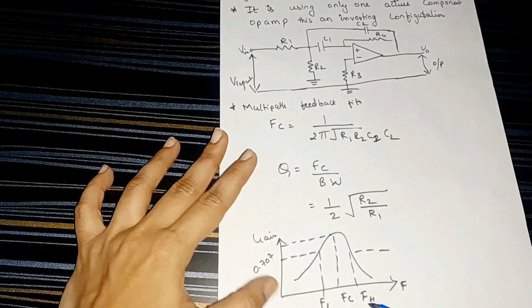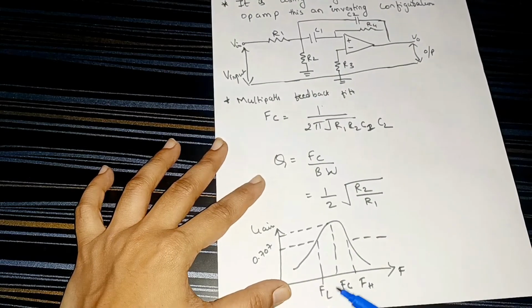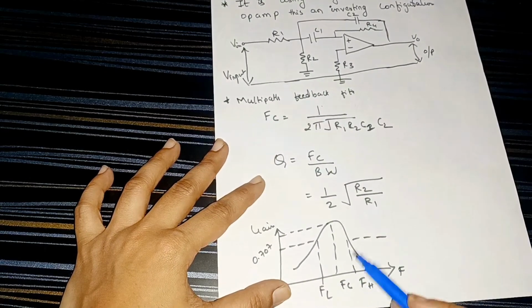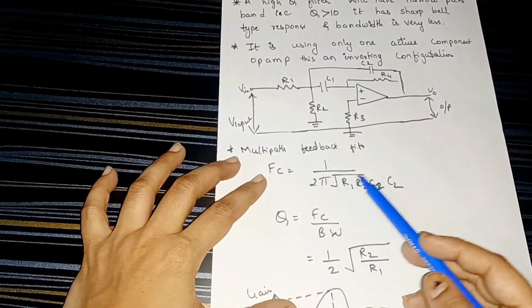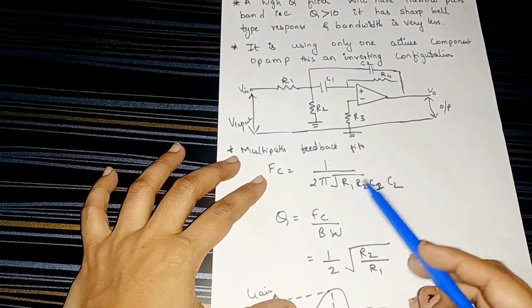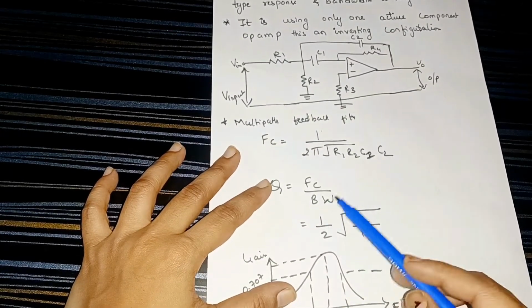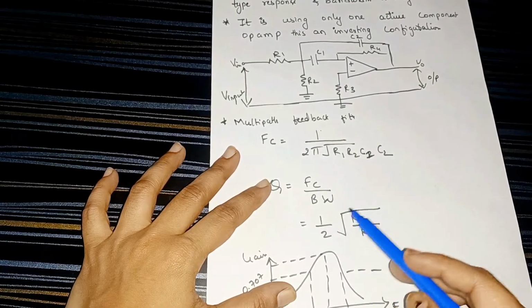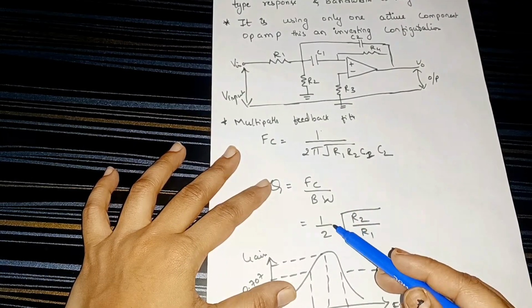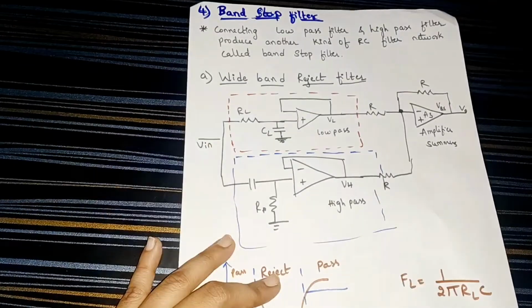So it rejects all the low frequency, and after the high frequency it rejects everything else. The cutoff frequency is nothing but 2 pi root of R1 R2 C1 C2. The quality factor is the cutoff frequency divided by bandwidth. We get 1 by 2 root of R2 divided by R1.